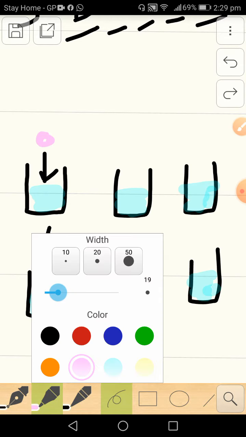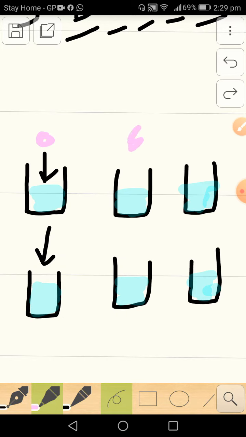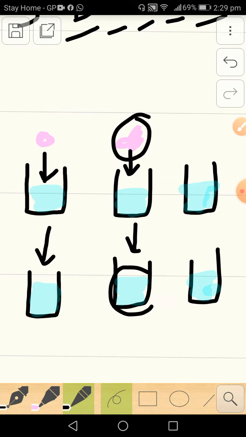So now we put some more solid into the solution, and what we get is this. That means this solid has again dissolved into the solution, so it has undergone reaction.